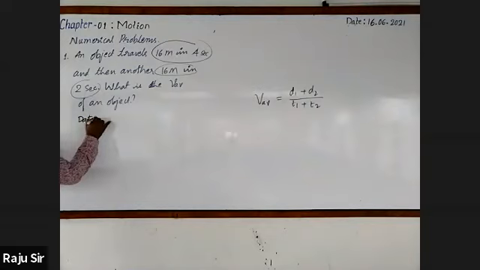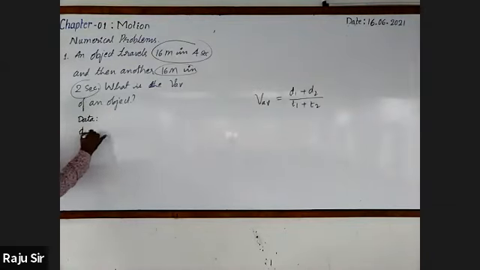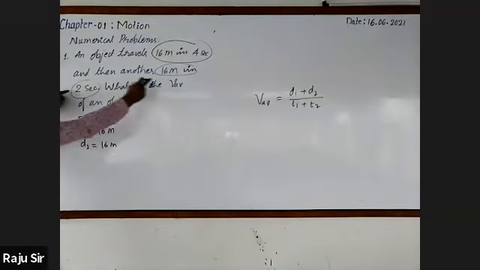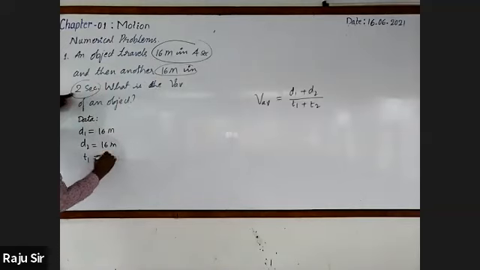Now, let's go for writing. Write with me. First, distance covered by the object. In the first case, it is 16 meters. Second case, that is also 16 meters. And time taken by the object in the first case, it is 4 seconds.